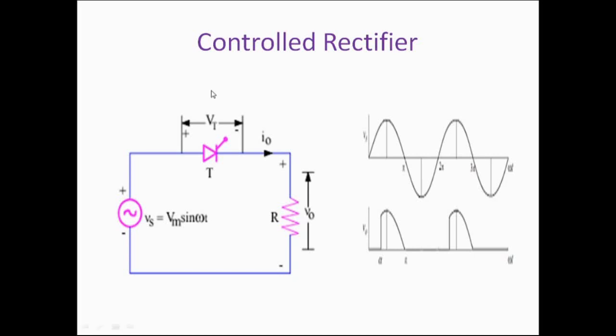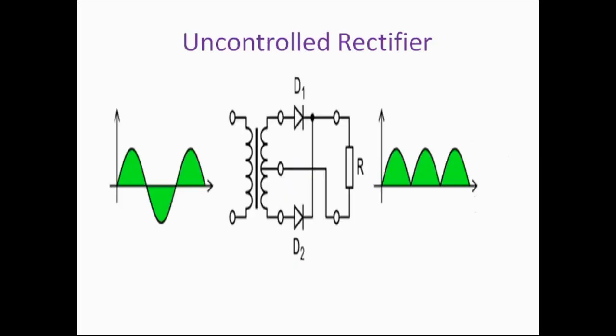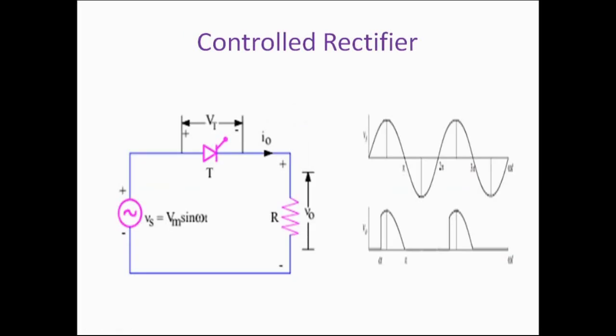This has one property. When will a diode turn on? When the anode to cathode voltage is more than 0.7 volts, the diode will turn on. If the applied voltage is more than the barrier potential, the diode will turn on.